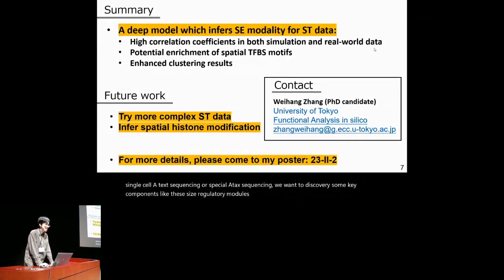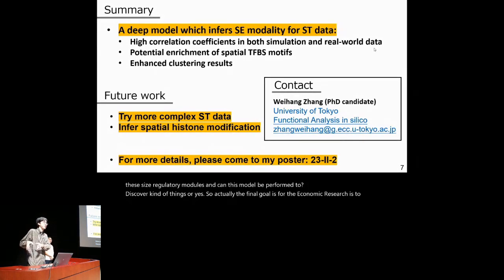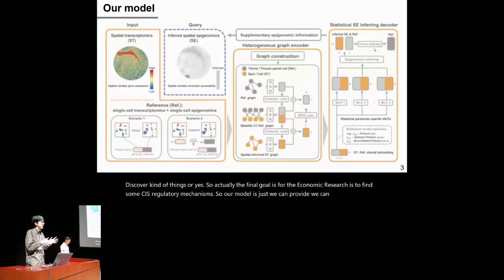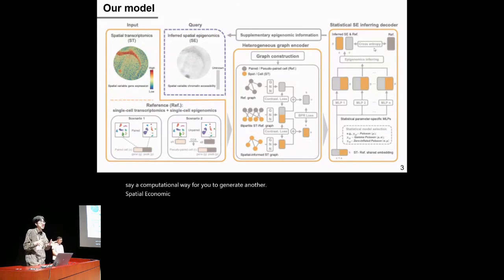So actually, the final goal of genomic research is to find some cis regulatory mechanisms. Our model provides a computational way for you to generate the spatial epigenomic part for given ST data.